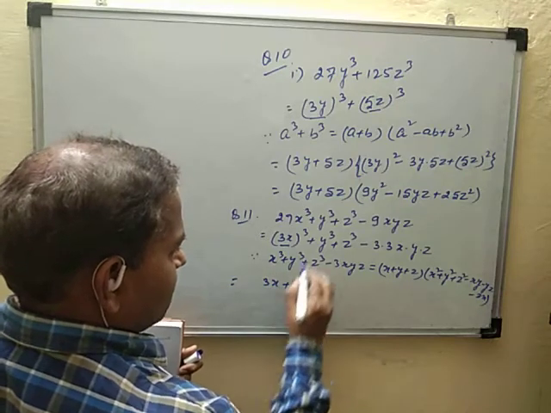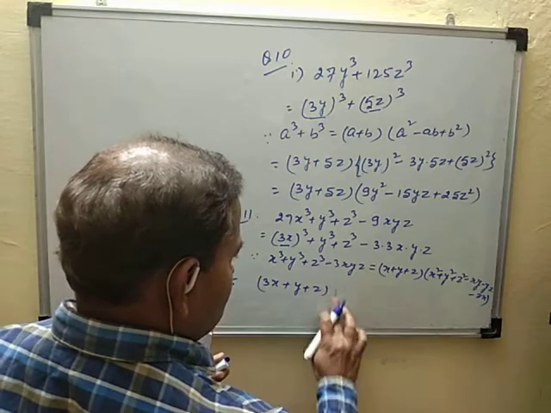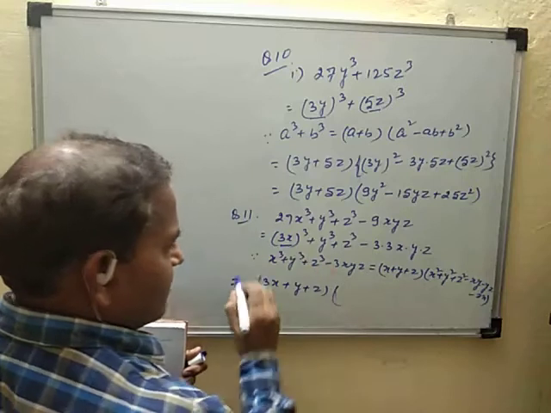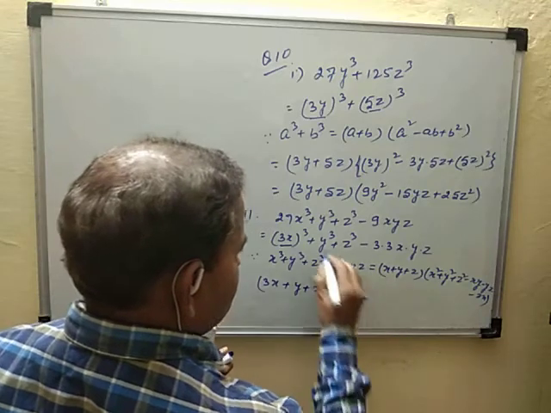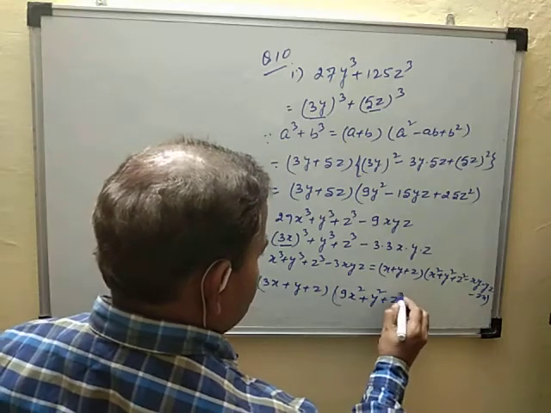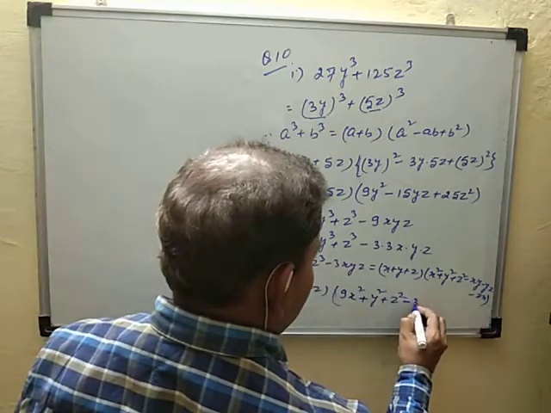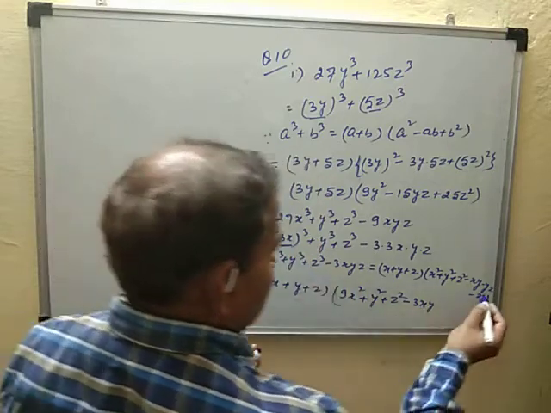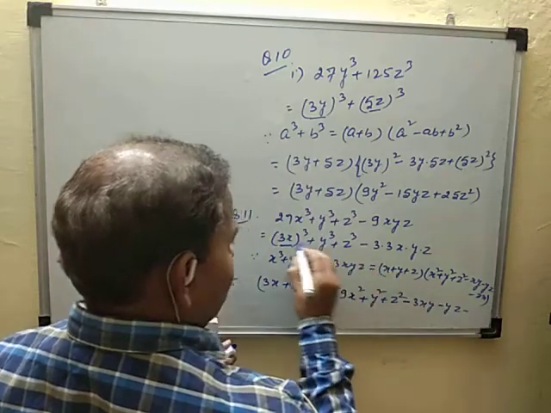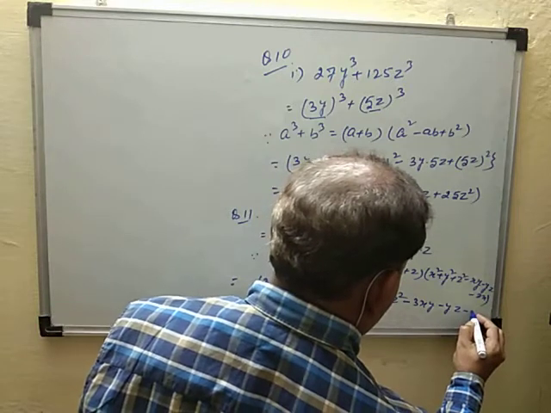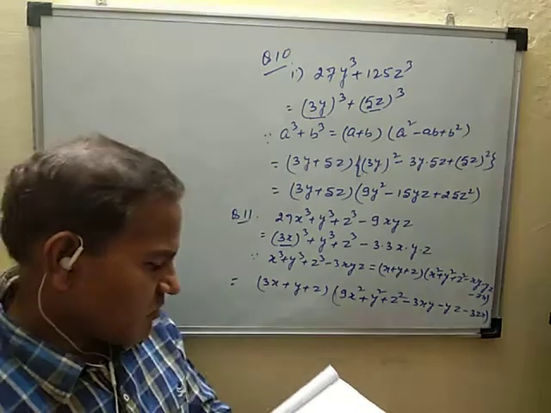So (3x plus y plus z) into (x square, what is x here? 3x, so its square is 9x square) plus y square plus z square minus xy, here x is 3x and y is y, minus yz, same as yz, minus zx, here z and x is 3x, so this product is 3zx. So this is the factorization of question number 11.